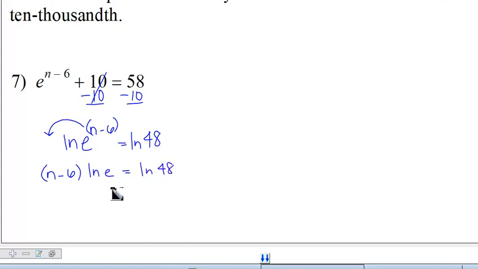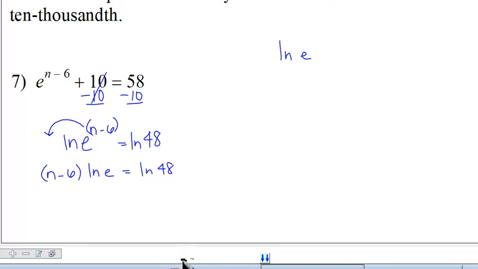Now there's one more property that you need to know about, ln of e. Just like before, we talked about that if the base and the number were the same, then the exponent was the answer. Remember, the natural log has an implied base of e.